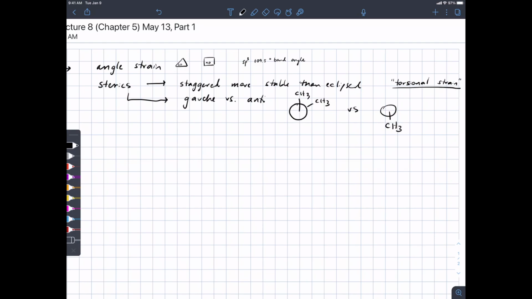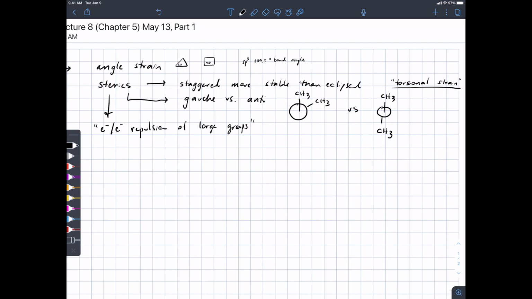But the origin of both of these effects is sterics, and sterics is just another way of saying electron-electron repulsion of large groups.